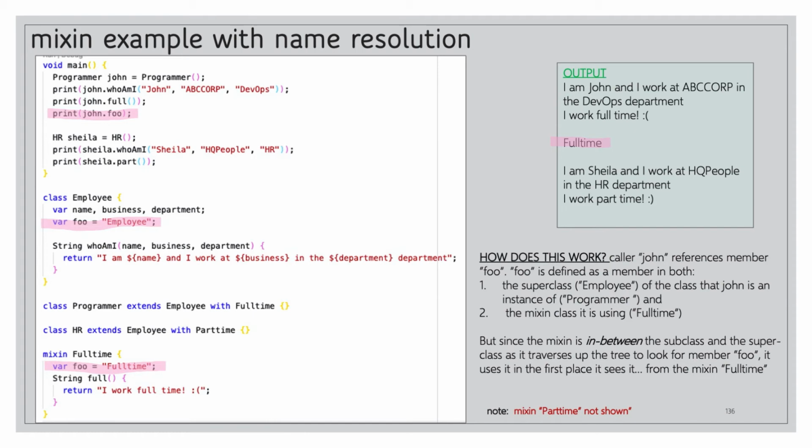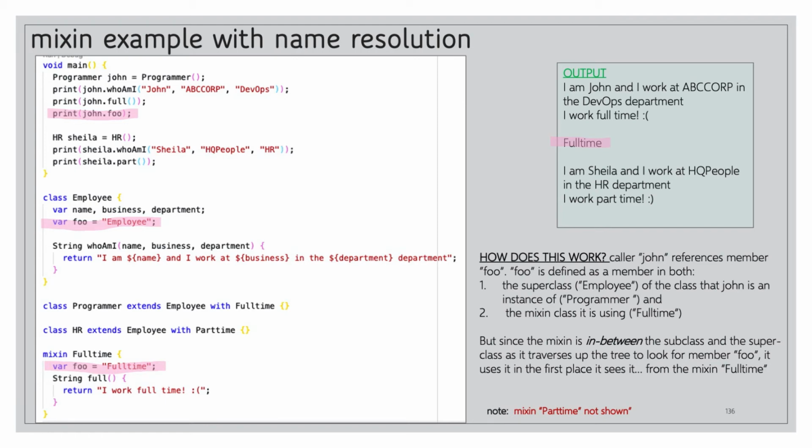Now here's an example that proves out what we said about mixins being in between the sub and the super with name resolution in action. So we have class employee. Class employee has an instance variable called foo set to employee. Mixin full-time has a variable called foo set to full-time.